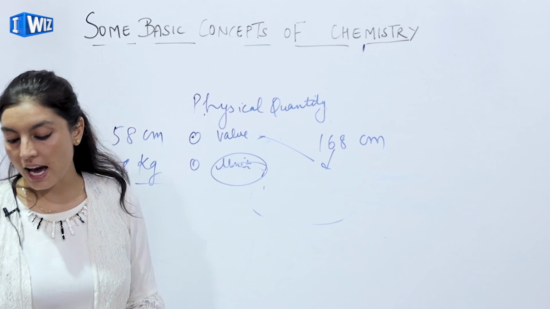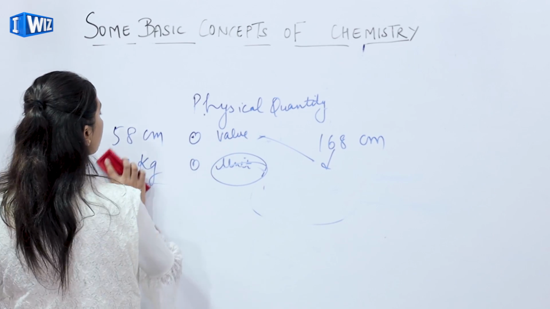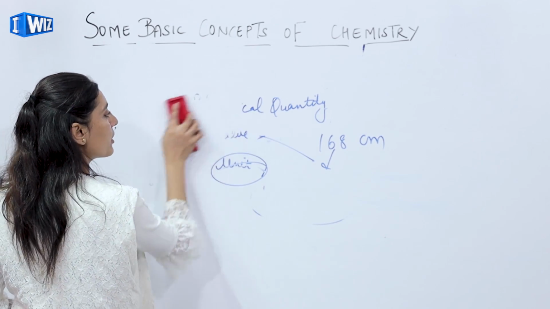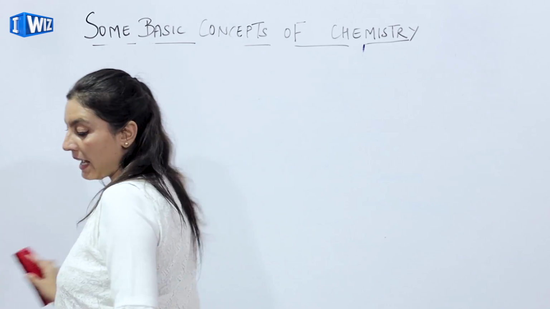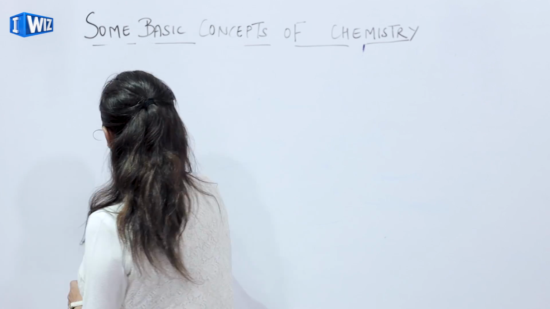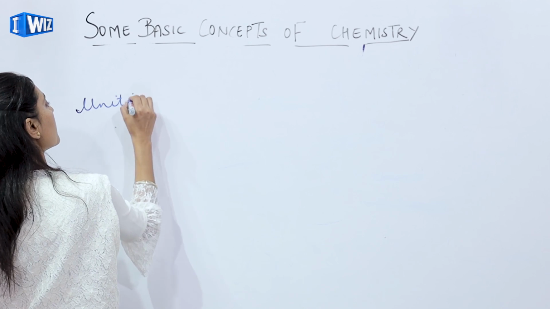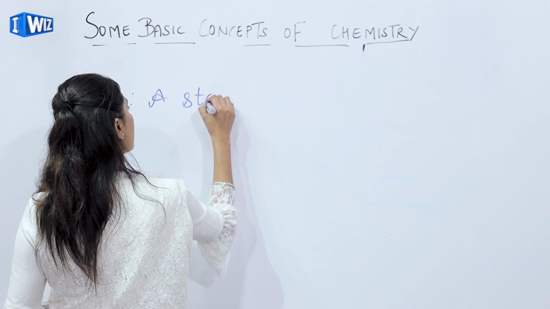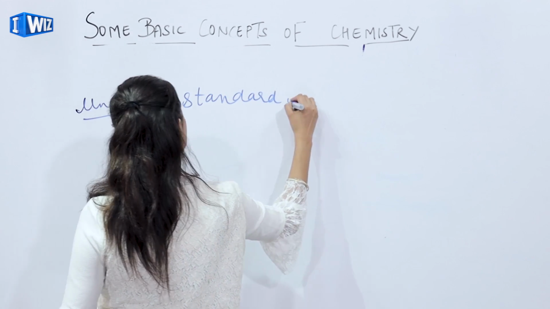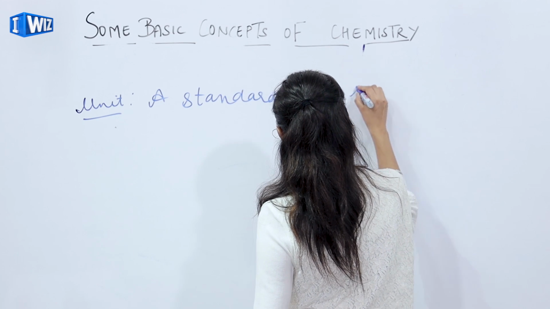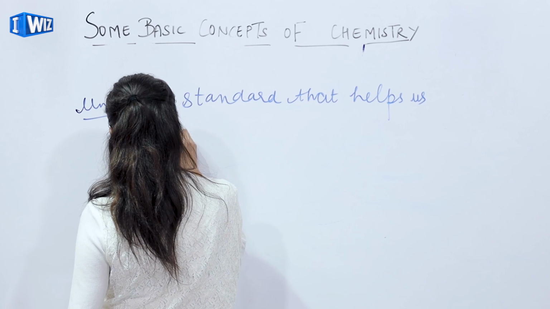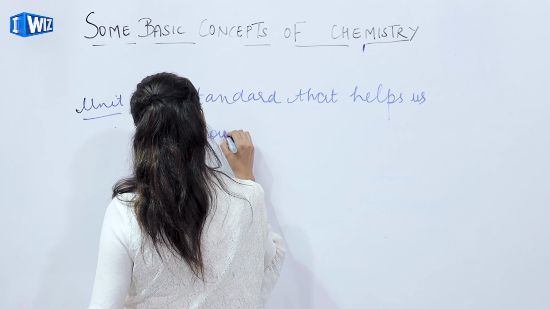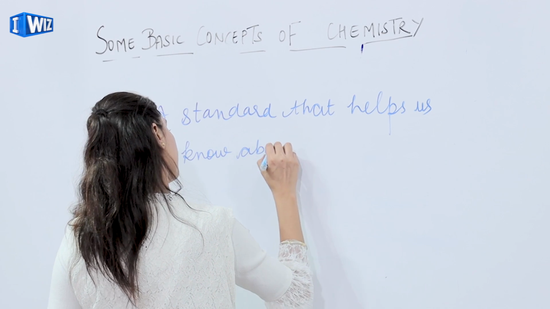In this way, I would say that we have two different categories of units. I would like to mention the definition of the unit. We would say that it is a standard that helps us to know about the physical quantity.